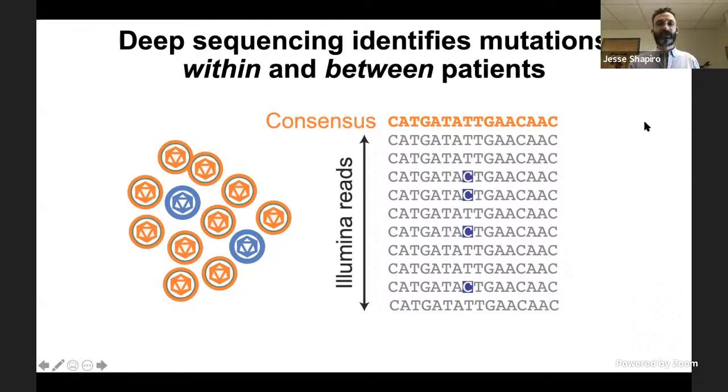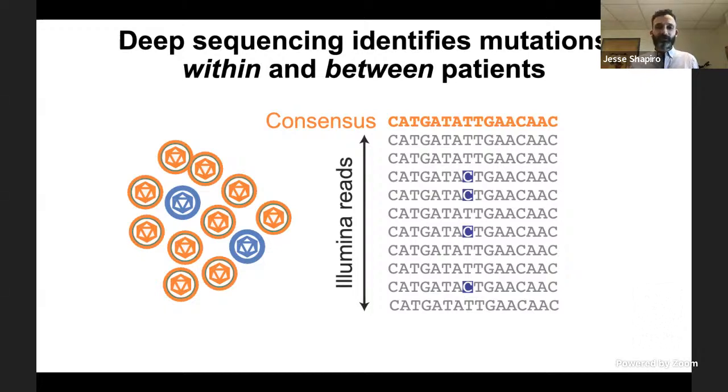Okay, so this allows us to get a high quality consensus sequence, but then also if we really sequence deep enough, we can actually identify minor variants that are mutations that might have occurred within an individual patient, right? So some of these might be sequencing errors. We need to do some quality filters, but again, with enough sequencing, we can identify these mutations that happen within patients, as well as the consensus sequence, which is what we expect is the majority and what most likely gets transmitted.